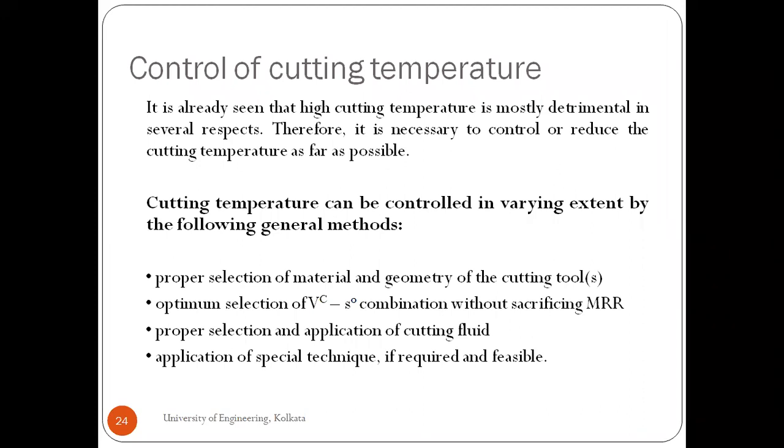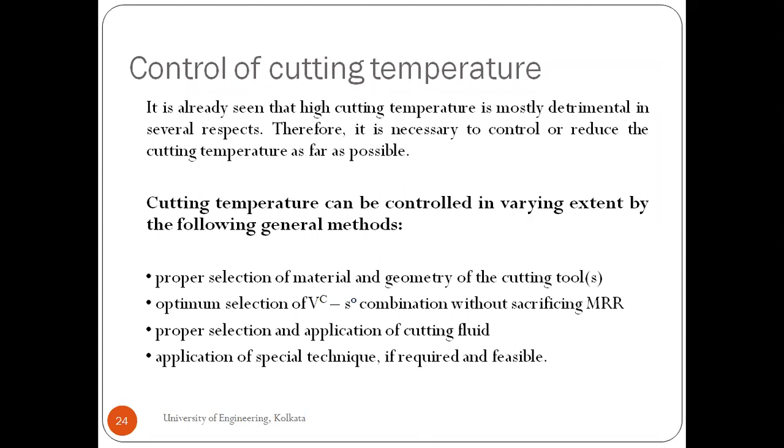Since the material is very hard, it will try to prevent indentation caused by the cutting tool. So rubbing action will take place and there will be no cutting. However, temperature will keep on rising. So that is not really desirable. So proper selection of material and geometry of the cutting tool is again very important.